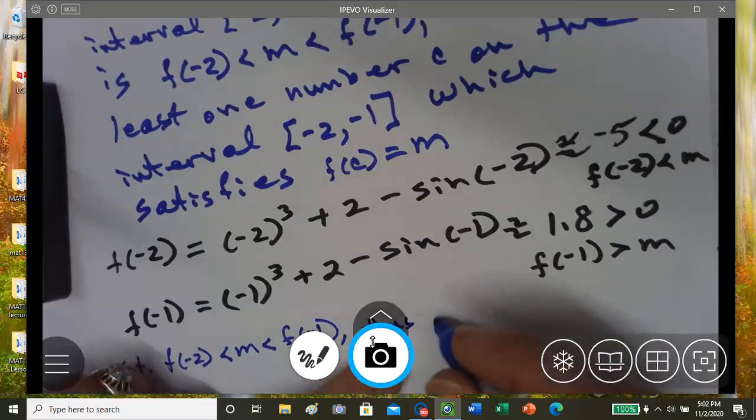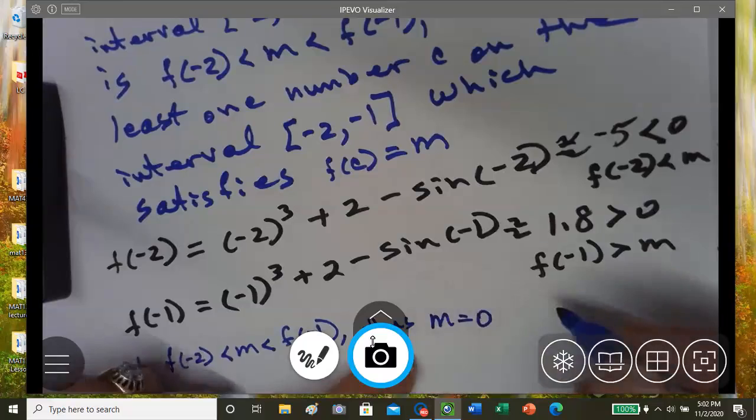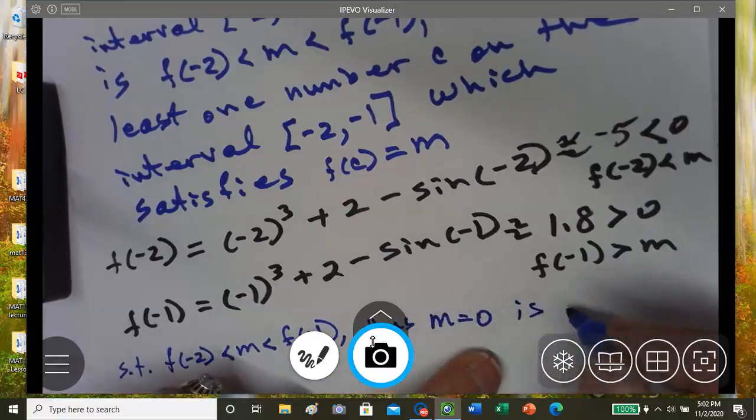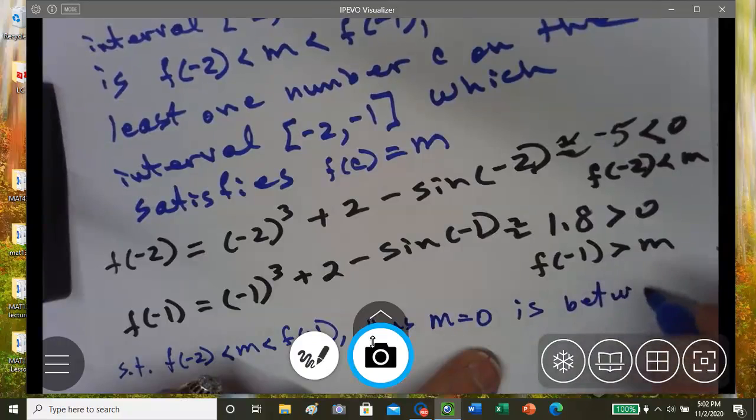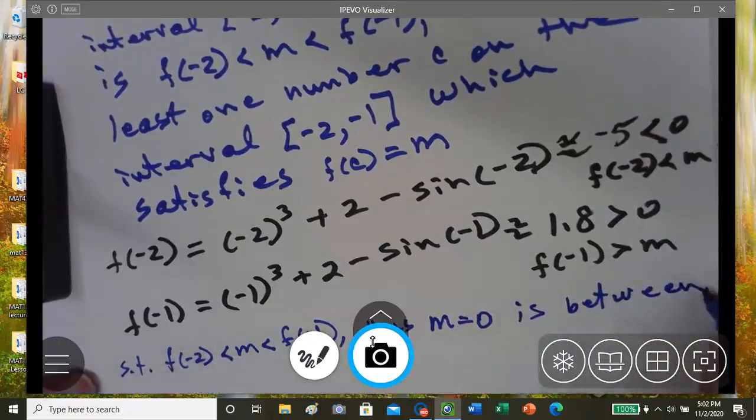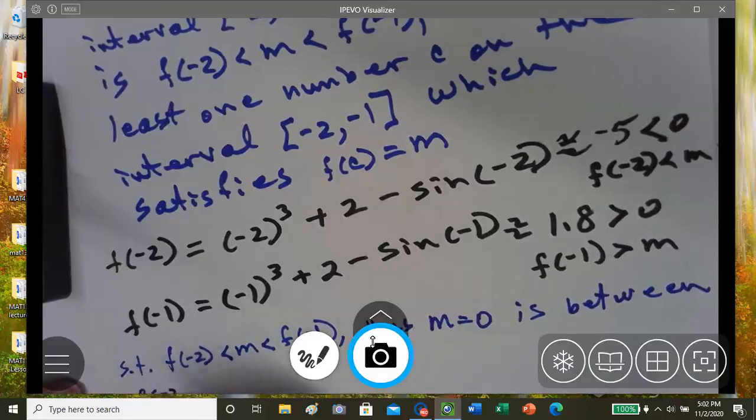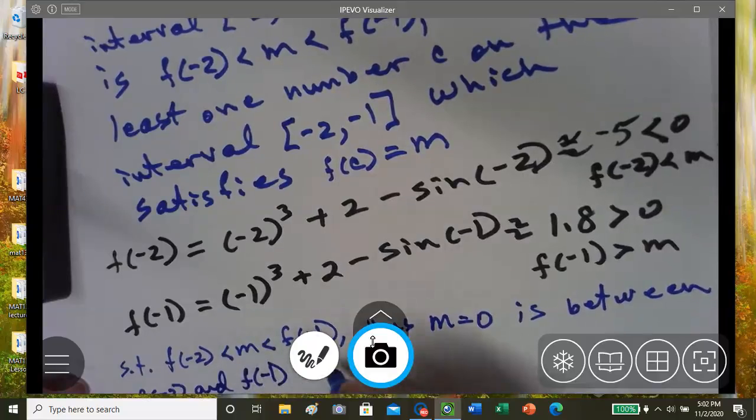Thus, m equals 0 is between f of negative 2 and f of negative 1.